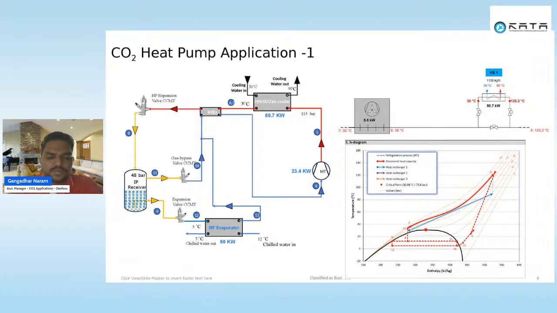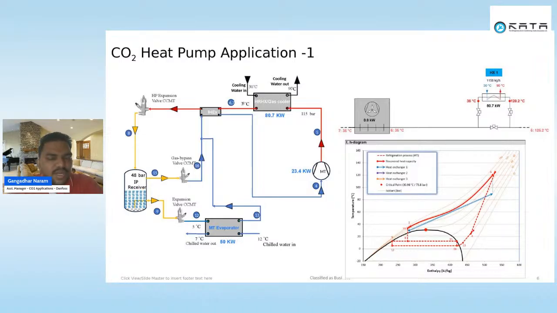Let's understand how. So this is your system. In this system, let's say I have a 50 kilowatt evaporator. To compress from, let's say, 5 degree evaporation temperature, which is nearly 40 bar, the compressor is compressing from 40 bar to 115 bar.